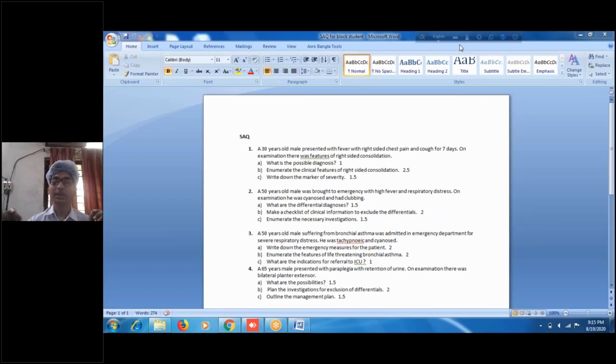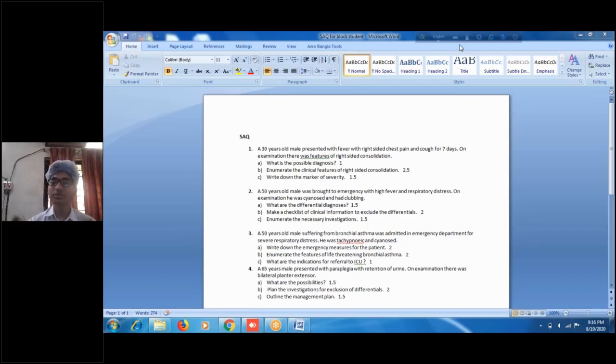Rather, as the note says features of right-sided consolidation, if you put down the diagnosis as right-sided pneumonic consolidation, then this is a complete diagnosis of that particular statement, as there are findings of right-sided consolidation, and the statement given above goes in favor of an acute infection, pneumonia.